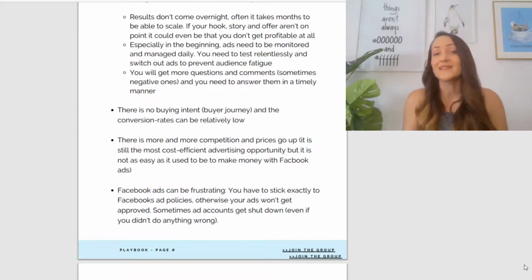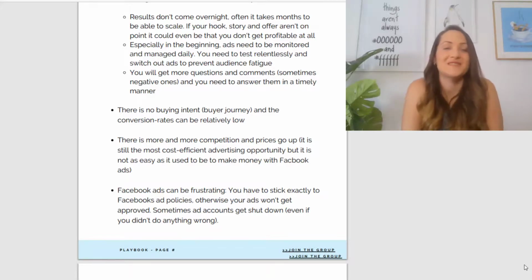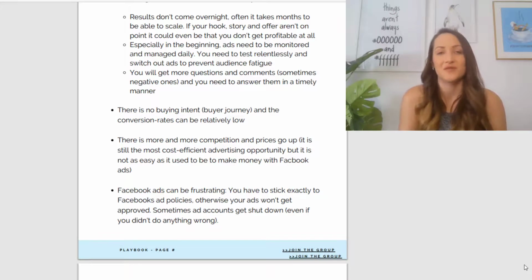Ads can stall and you have no idea why. So it can be really frustrating to troubleshoot and figure it out. So yeah, I don't want to just tell you it's the best thing ever and you should just go for it. I think this is something you should know. You will pull your hair and you will wonder what's going on and you will try to find a solution. So yeah, just know that they can be a pain.